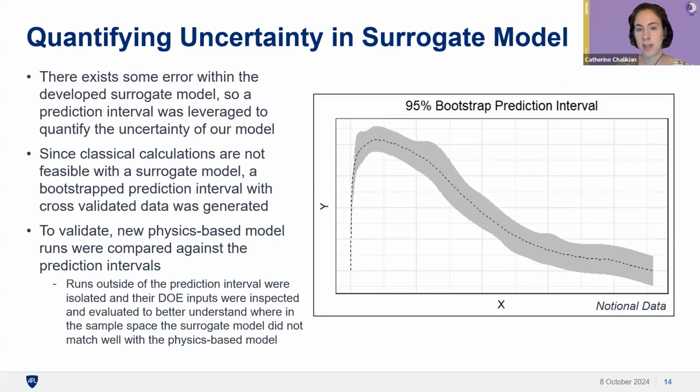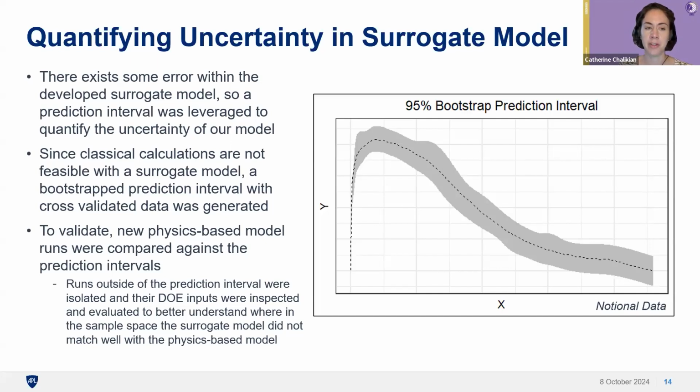So the next phase in our process was to understand how the model was behaving, how well it fit. So first we used a prediction interval to identify the likely intervals where a new curve might land. And since classical methods were not feasible with the structure of the surrogate model, we used a bootstrap interval with cross-validated data.